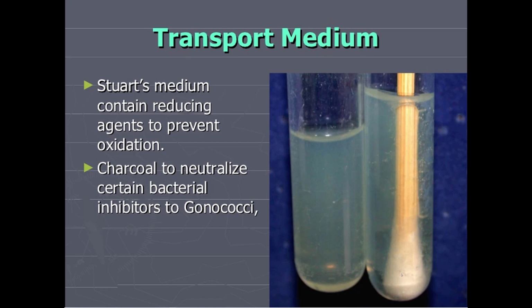But you can see that the swab is sort of in the media, and in this case, the Stewart's medium prevents oxidation, because believe it or not, some microorganisms are so susceptible to oxygen that you can kill them almost immediately upon exposure. And those are really hard samples to acquire.